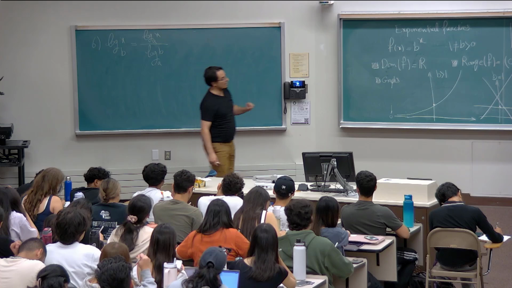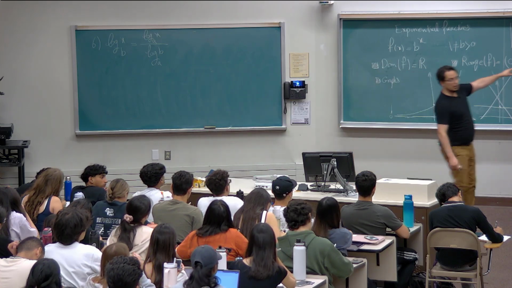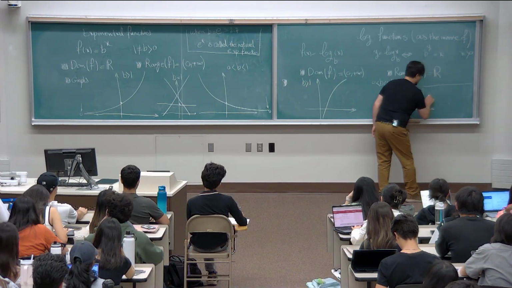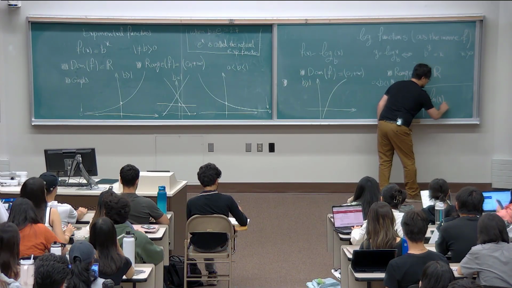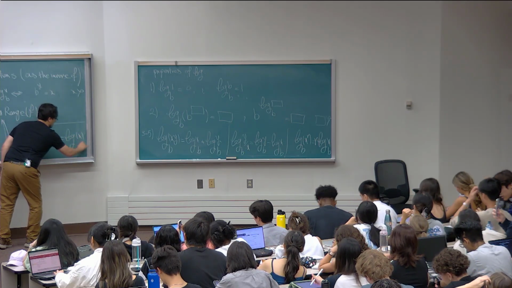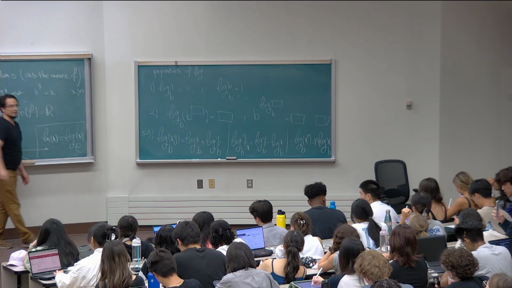There is a special case, the natural log function. So I should have written this one here. Ln x is what we write when our base is that number e.